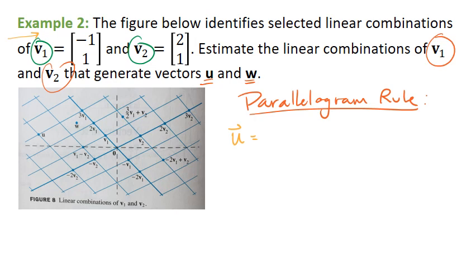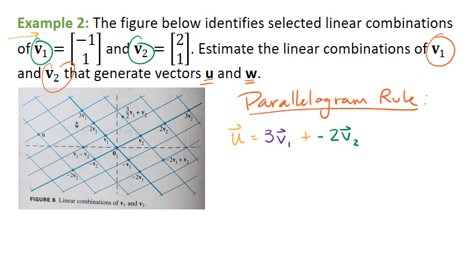So to get from the origin to vector u, I have 3 of vector 1, and I will add that to, in green, in the opposite direction, -2 V2.